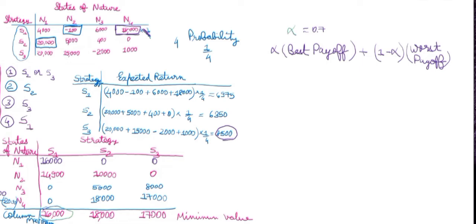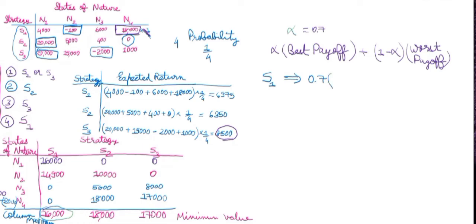Same way for the second strategy, the best payoff is 20,000 and the worst payoff, which is the minimum value, is 0. Then for the third strategy, my maximum value is 20,000, that will be my best payoff, and the minimum value is minus 2,000, that will be my worst payoff.